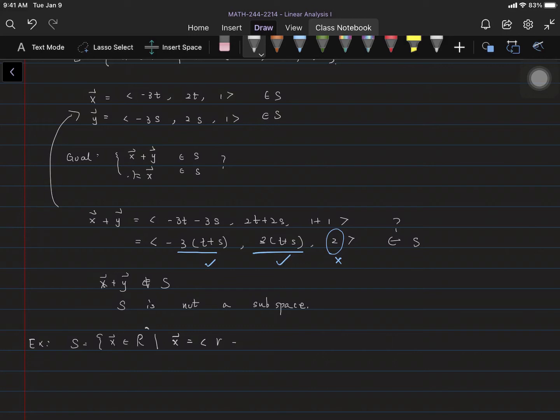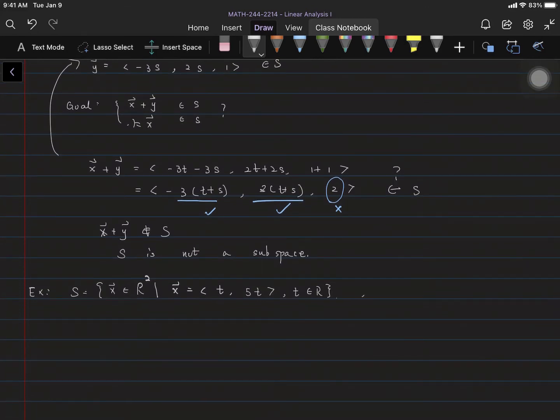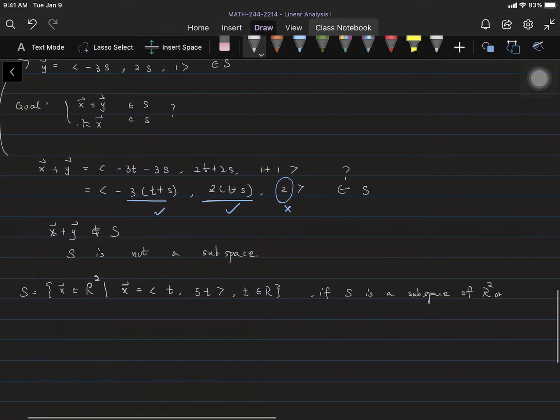So I'm going to give you R2, and all the x in R2 satisfy this form: t, 5t, and all the t are real numbers. Let's see whether S is a subspace or not.